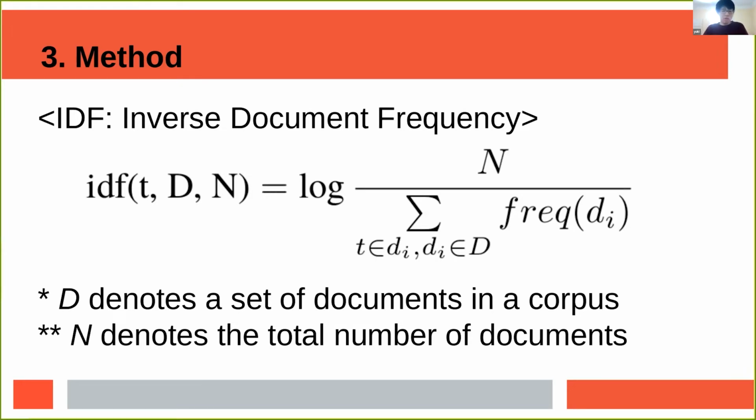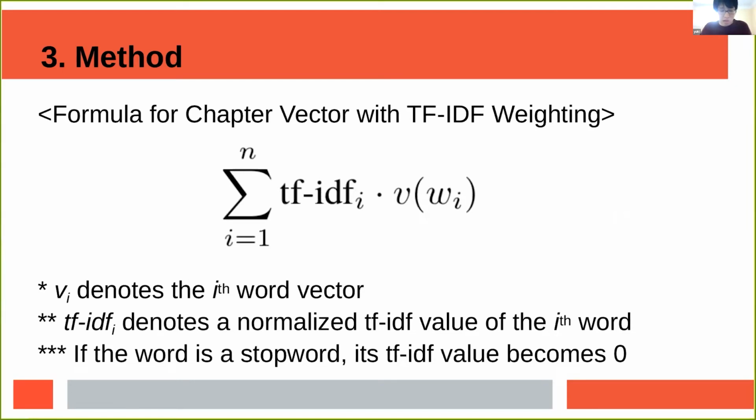So now we are going back to the model with weighting vectors, which I propose in comparison with the model with averaging. In this model, when adding word vectors, each word vector is weighted with the corresponding TF-IDF value.